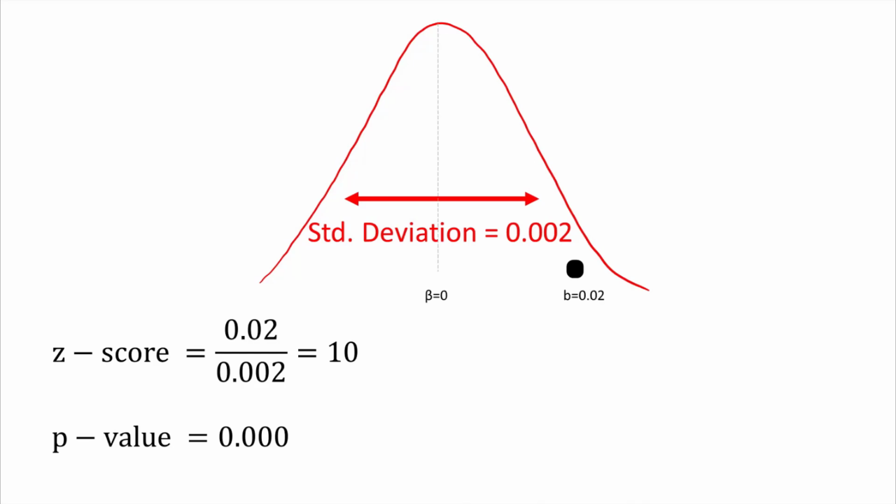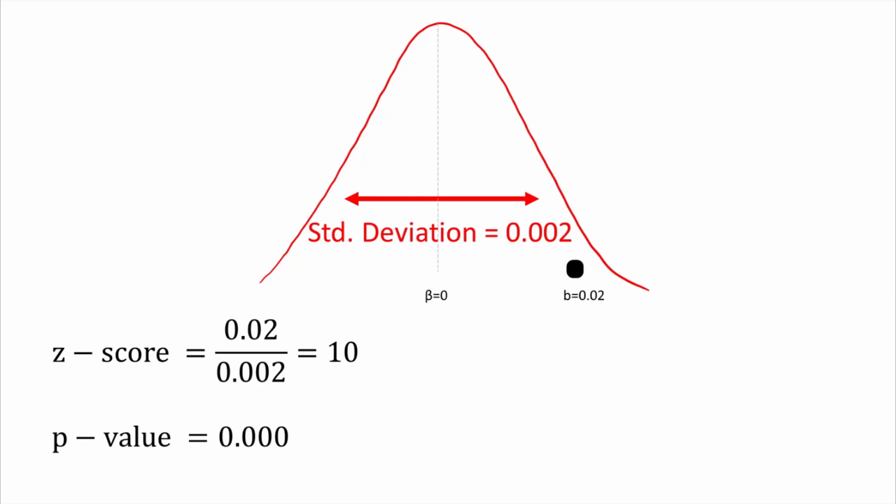The z-score and the p-value help us determine this. The z-score tells us how many standard deviations away from the mean our result is. So if the mean is 0, then our result of b equals 0.02 is 10 standard deviations away from the mean. The p-value tells us the probability of randomly selecting a z-score of 10 or more from this distribution if beta is in fact 0.